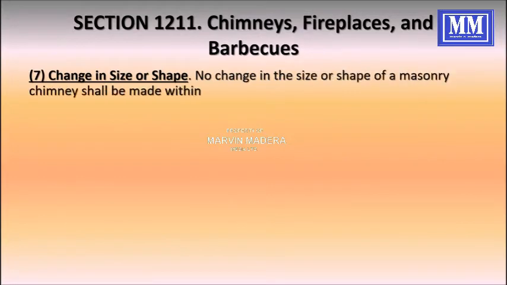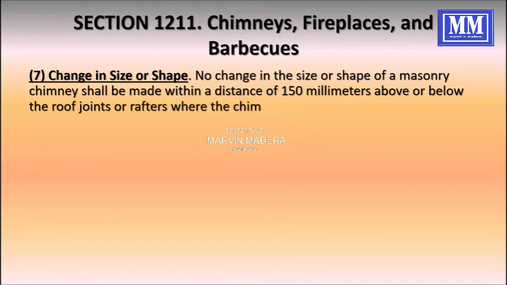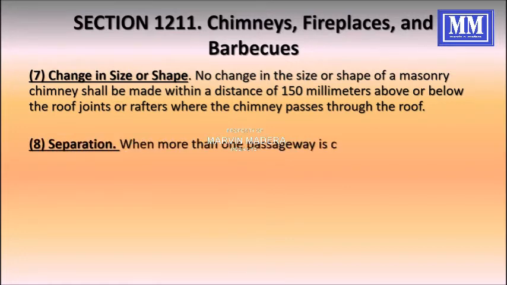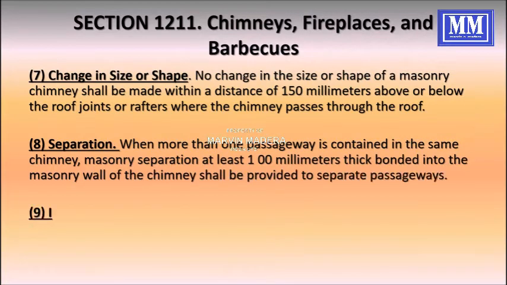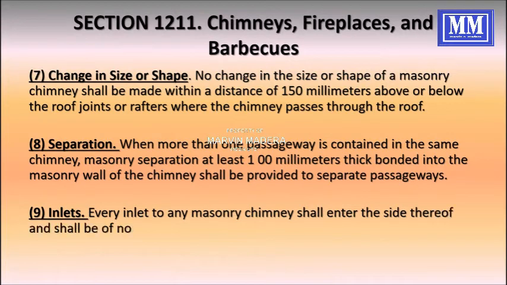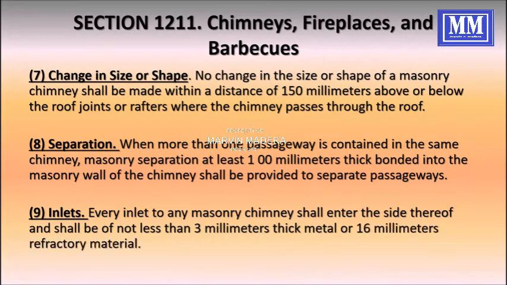Changes in size or shape. No changes in size or shape of a masonry chimney shall be made within a distance of 150 millimeters above or below the roof joists or rafters where the chimney passes through the roof. When more than one passageway is continued in the same chimney, masonry separation of at least 100 millimeters thick bonded into the masonry wall of the chimney shall be provided to separate the passageways.